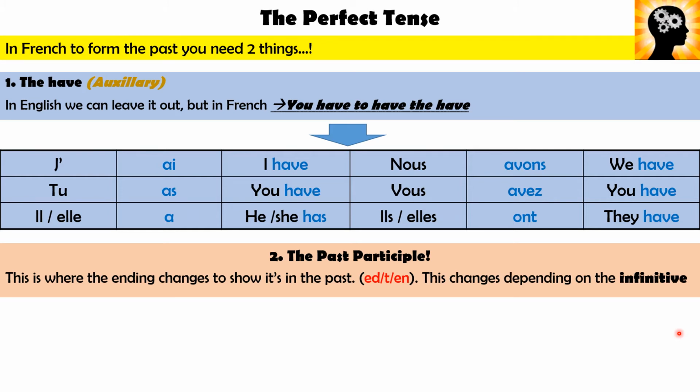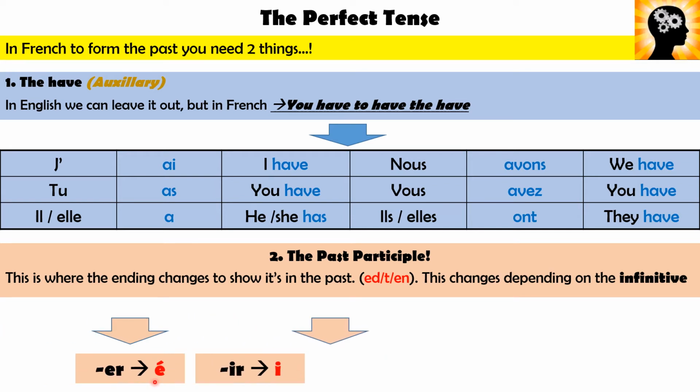It all depends on the type of verb it is. So there's 3 types of verb. What are they? ER, IR, and RE. And in French, they follow this pattern. If you want to change an ER verb into the past tense, you have to have the have, and then the ER changes to an E with an accent. And this E with the accent is like our ED in English.